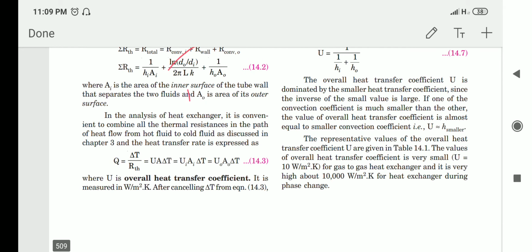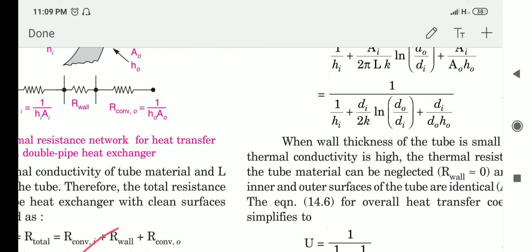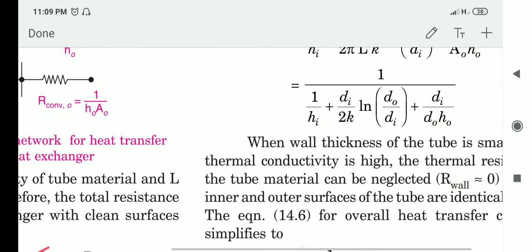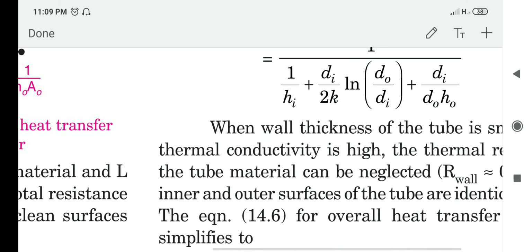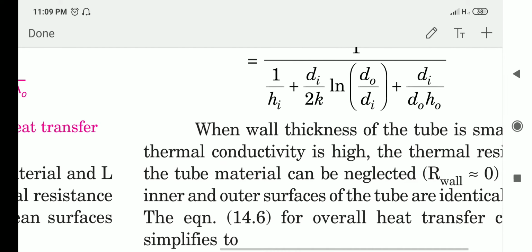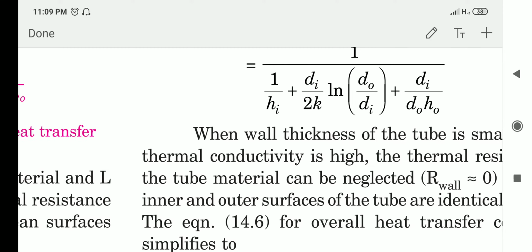But we already know R thermal equals the sum total of these resistances. If we substitute all these things and simplify, we arrive at an equation of this form: U equals 1 by hi into Di by 2k plus log Do by Di plus Di by Do into ho.